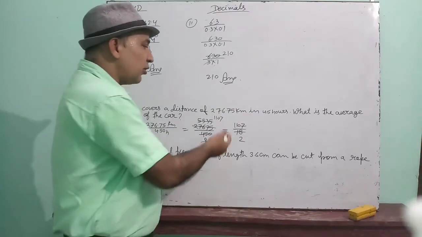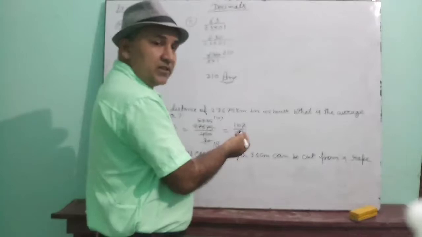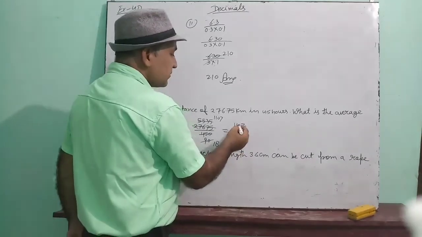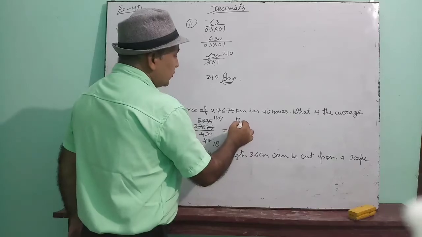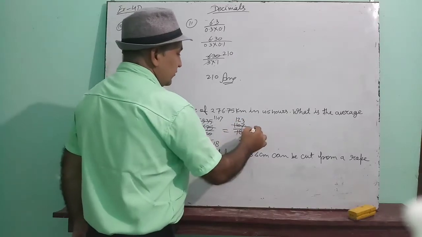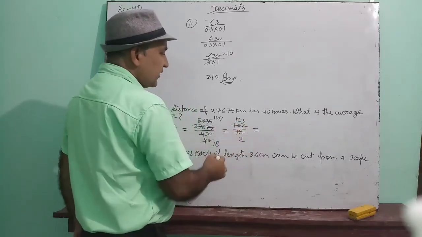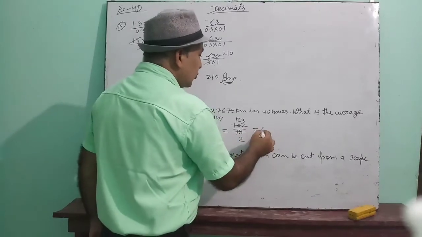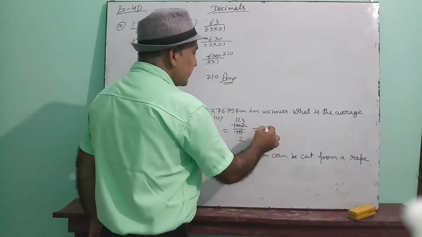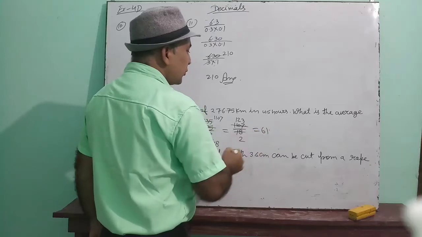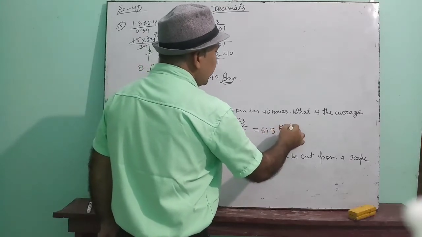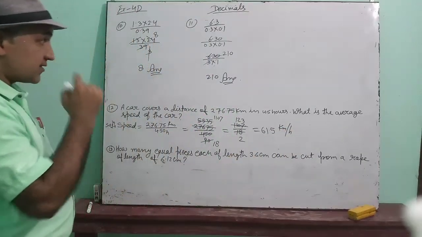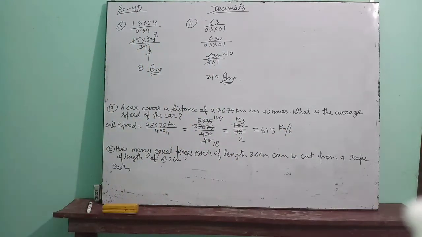By this way I got it, by applying the divisibility rule. 9 into 1 is 9, 9 into 3 is 27. Now 123 is divided by 2. 2 into 6 is 12. 2 into 1 is 2. By putting the decimal, 2 into 5 is 10. 61.5 km per hour is the speed.